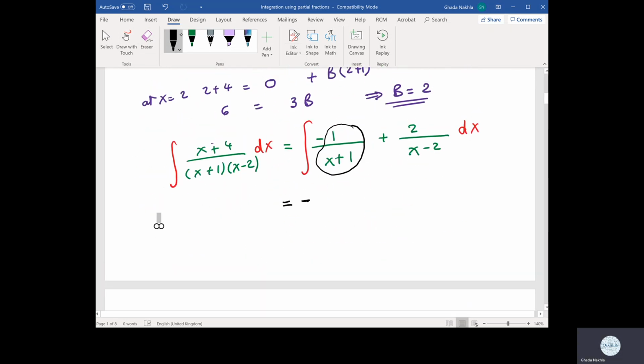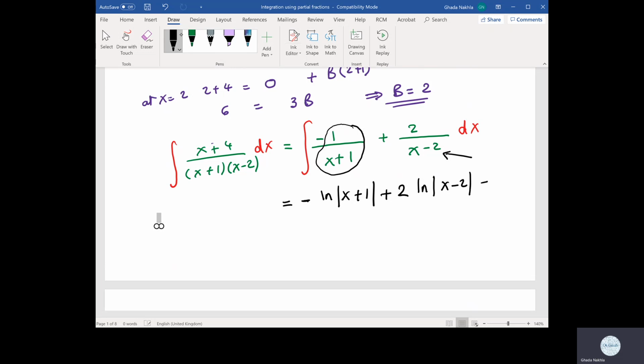So this is equal to minus ln mod x plus 1, bearing in mind that the coefficient of x is 1, so I'm dividing by 1, plus, leave the 2 alone, and we apply exactly the same here. So we're going to go ln mod x minus 2 plus c. And that's the integration for my question using partial fractions.